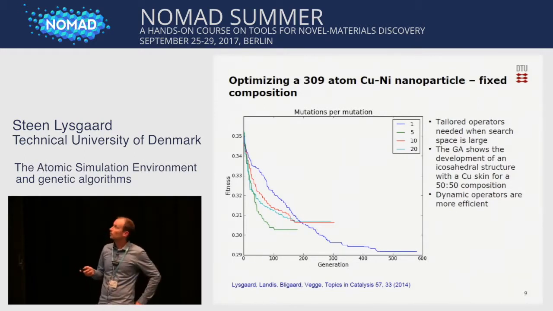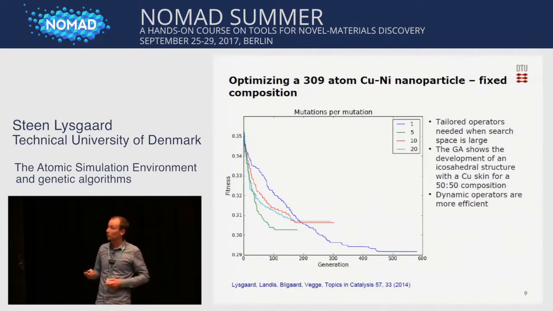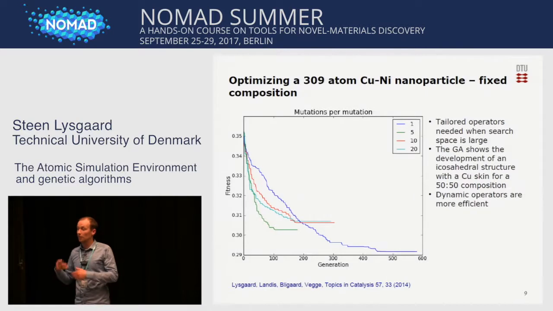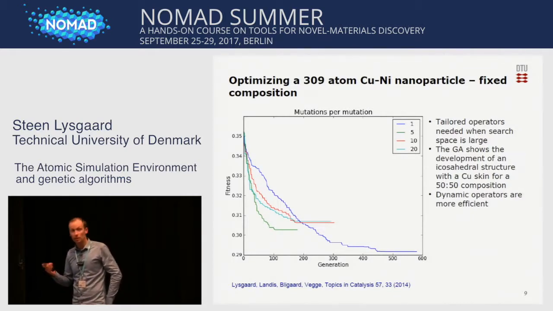And not surprisingly, it turned out that doing more operations was more beneficial in the beginning, but after a while, the population is so well converged that nothing will get through, nothing will go into the population since you're doing such a too drastic mutation.